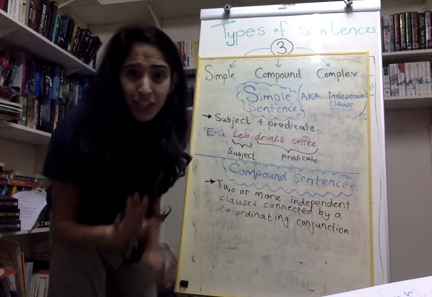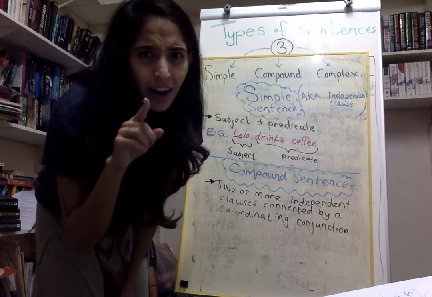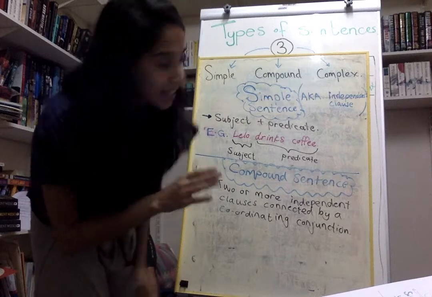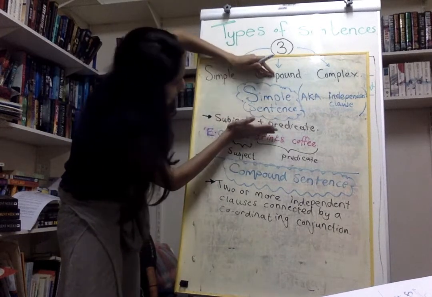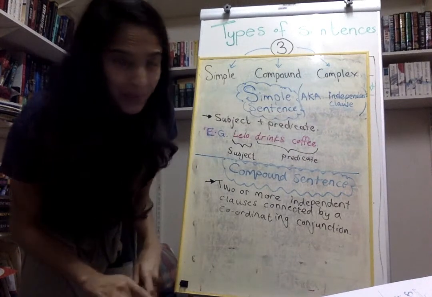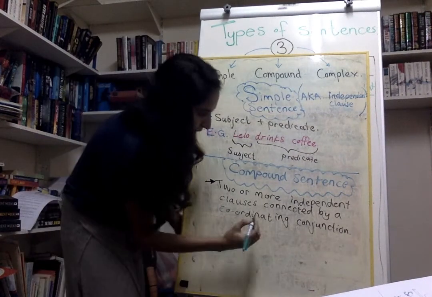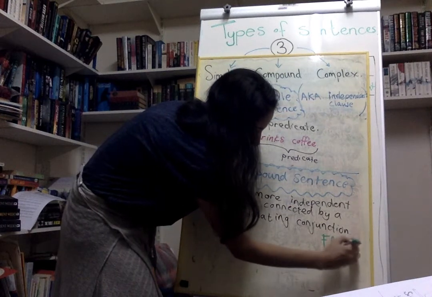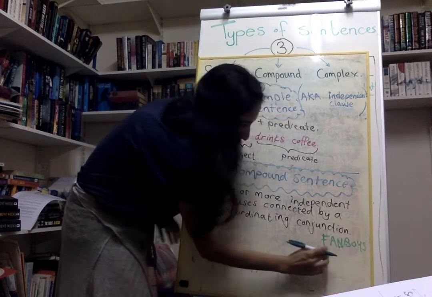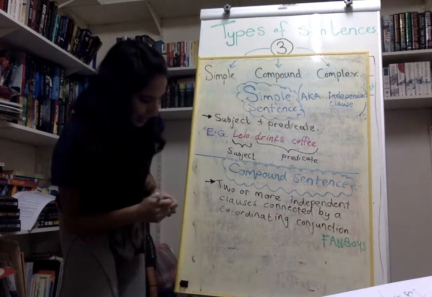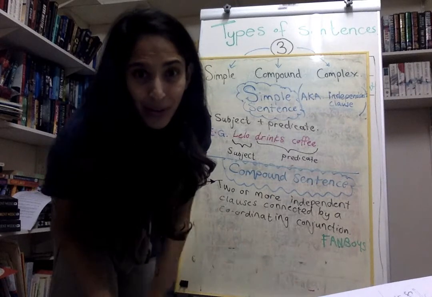This should be revision. If you are unsure, go back to my coordinating conjunctions videos and my videos where I speak specifically about one type of sentence if you are confused. FANBOYS: for, and, nor, but, or, yet, so. Let's use Lelo as an example again.